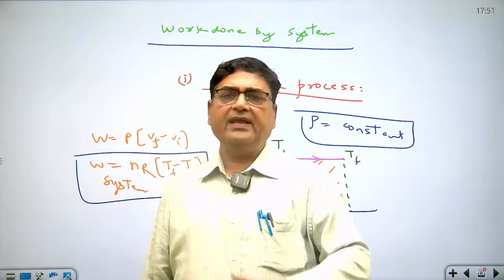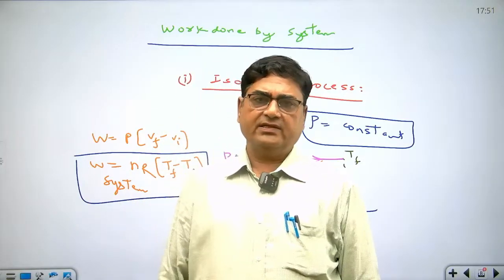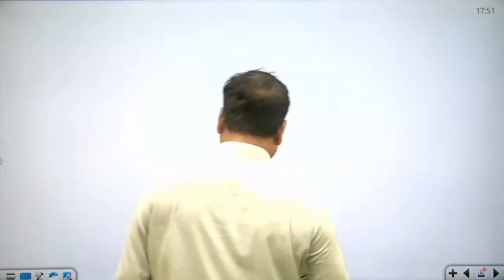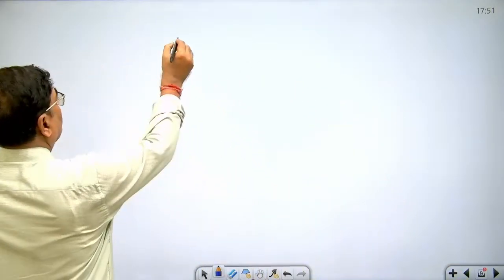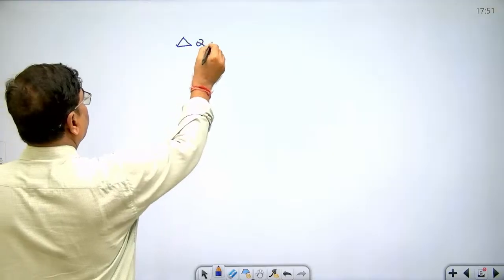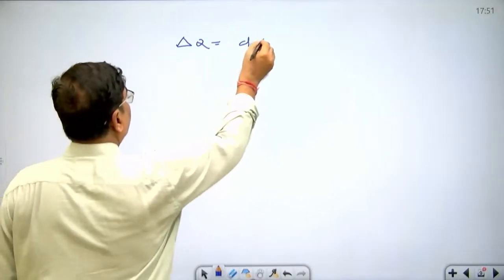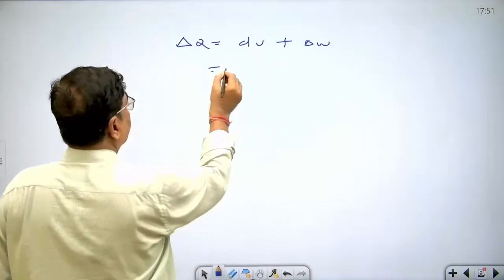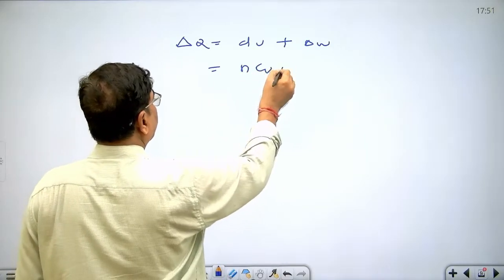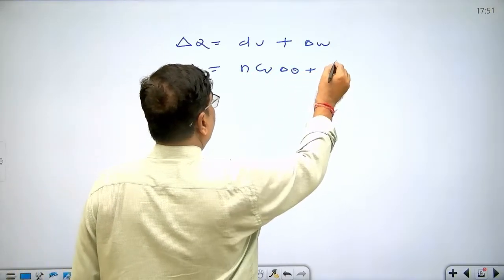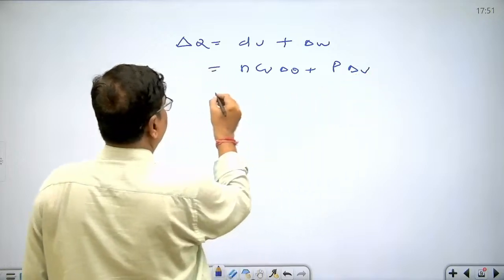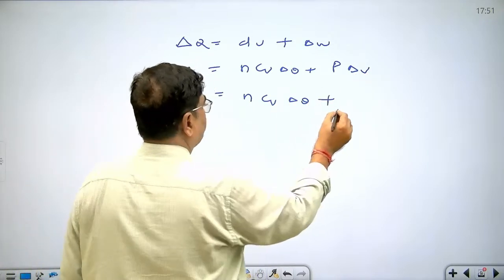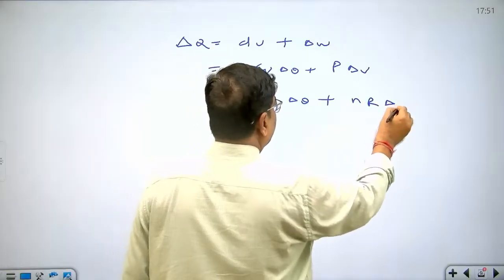Now if we apply the first law of thermodynamics to the isobaric process, what is the equation? Delta Q equal to dU plus delta W. dU is internal energy, the general formula is n CV delta theta, and delta W is P dV. This is n CV delta theta plus P delta V, which is nR delta theta.